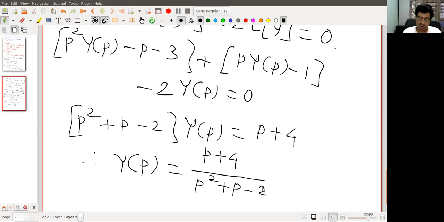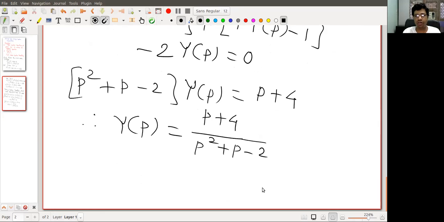Now we have to find inverse Laplace transform of this term on right side, but it is not simpler. We have to simplify right hand side using partial fractions, as we already have seen. So first we factorize this term p square plus p minus 2. So this is p plus 4 divided by p square plus p minus 2, it is p minus 1 into p plus 2.